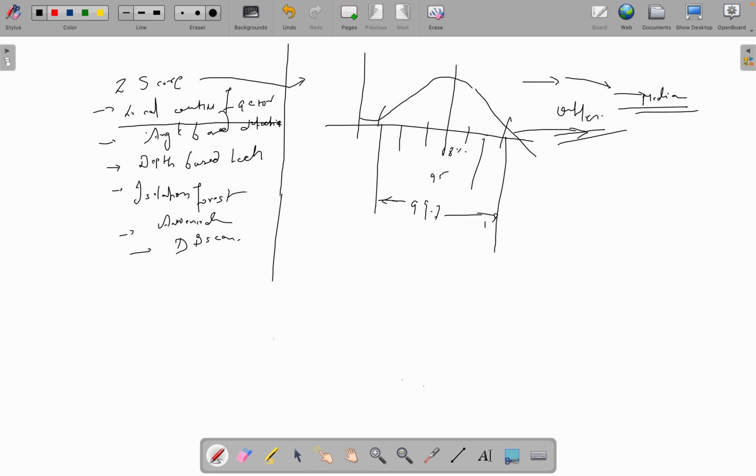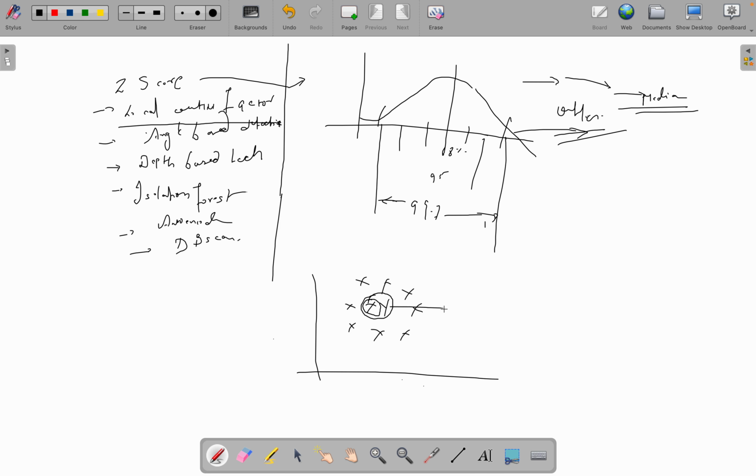The second one is local outlier factor. We have some points here. Basically we see the density, how many data points are surrounded here, and we try to find the density.